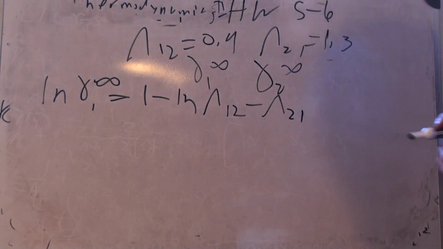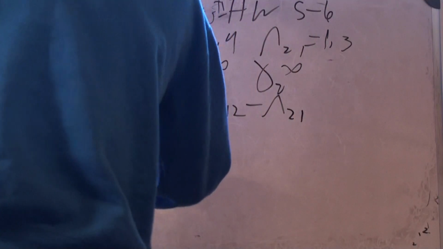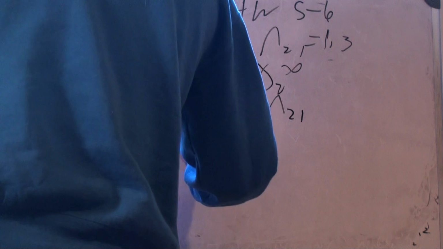Okay, that's right. Alright, so natural log of gamma 2 infinity was equal to 1 minus natural log of lambda 2,1 minus lambda 1,2. Okay. So that's from if you did number 2, you would have gotten that.